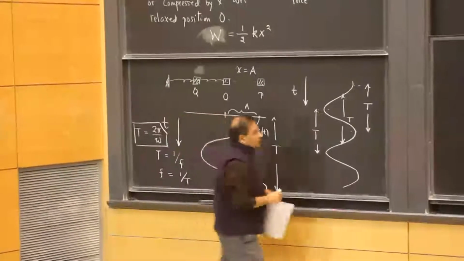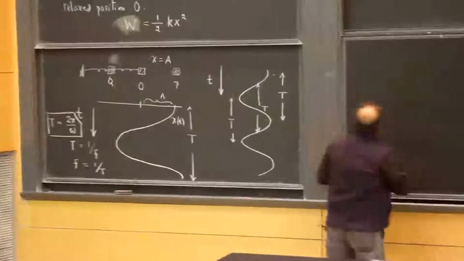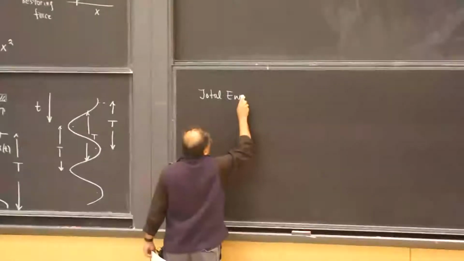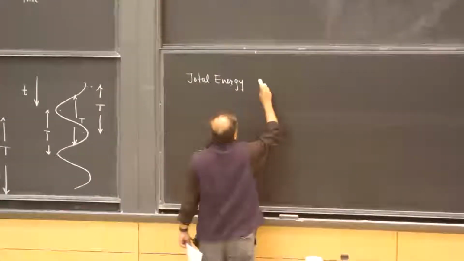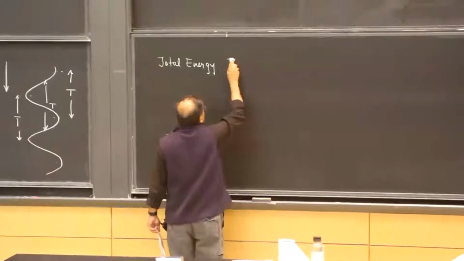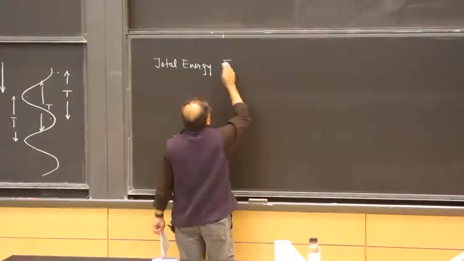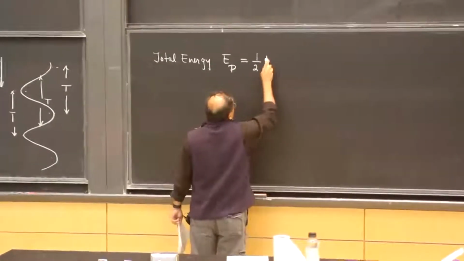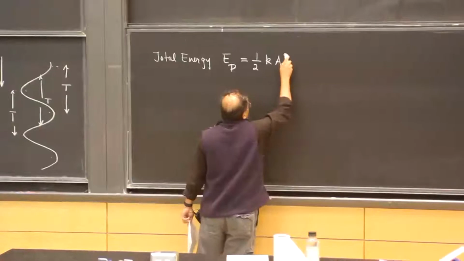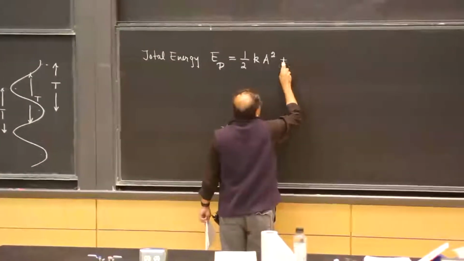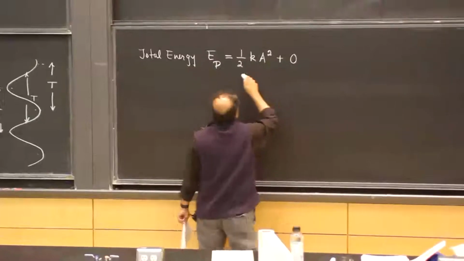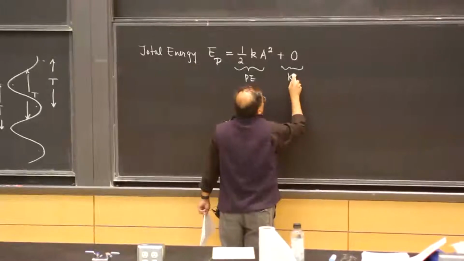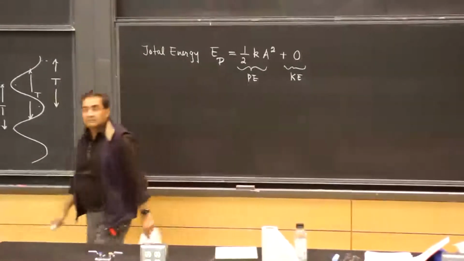So therefore, I should be able to say that since total energy is constant, let's call it E, and total energy E at point P is going to be 1/2 k A squared plus 0, because the velocity is 0. So this is the potential energy and this is the kinetic energy. So therefore total energy at point P is this. Okay?